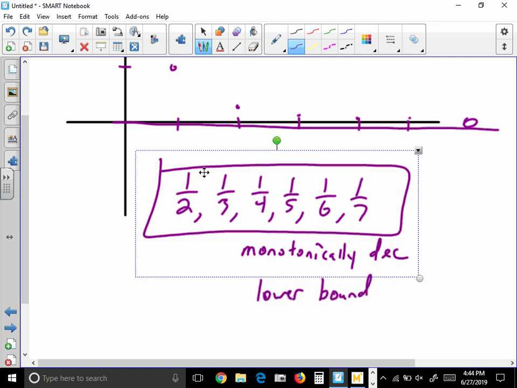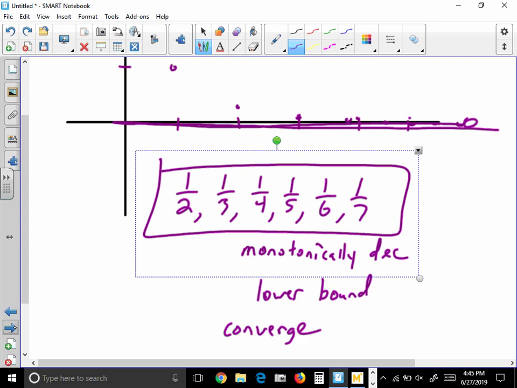If we know there's a number that they never go below, but they're always going down, then they do converge. Now, we may or may not always know exactly what they converge to. But if they're getting lower and lower, and this is the bottom, usually that's what it's going to be getting closer and closer to.